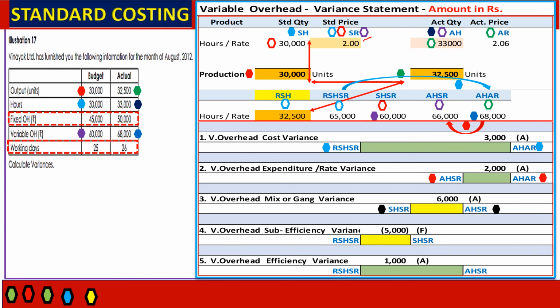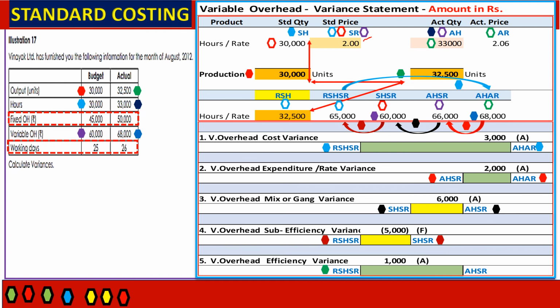Then we have got SHSR to AHSR, which is mix or gang variance. We calculate that. 66 minus 60 is 6,000. Then we have got sub-efficiency variance of variable overhead, SHSR to RSHSR. 60 minus 65, minus 5,000, which is favorable.